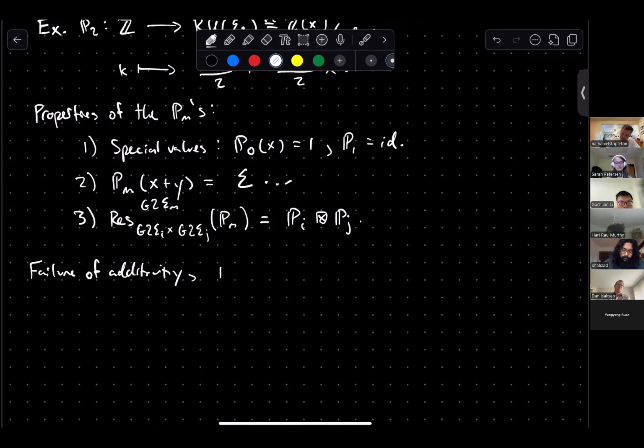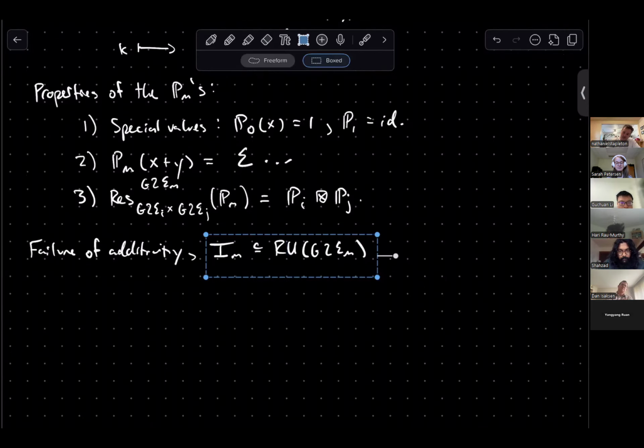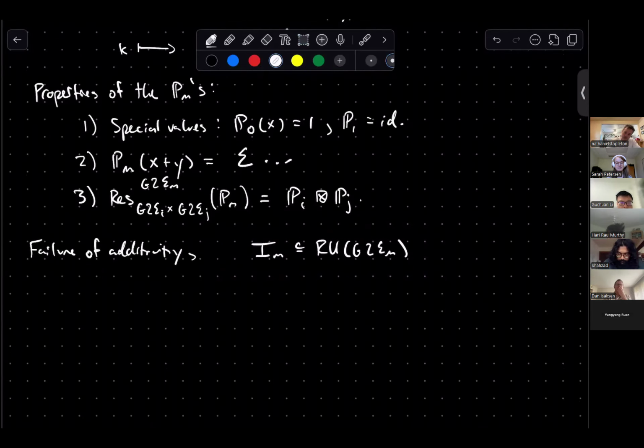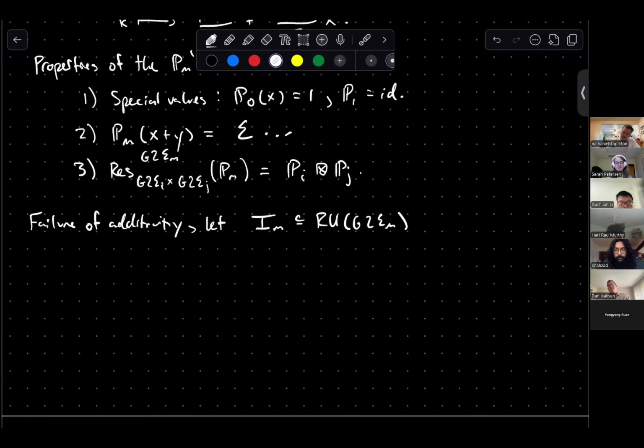an ideal I sub m contained in Ru of G wreath sigma m, which is, let me write this. Let I sub m contained in here be the image of the direct sum over I plus j equals m with I and j greater than 0 of the transfer.